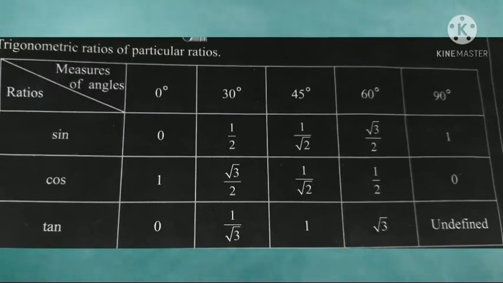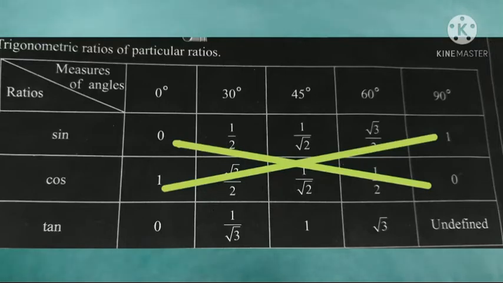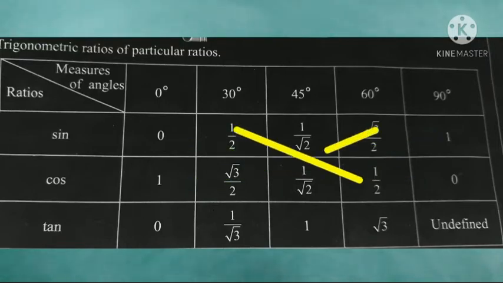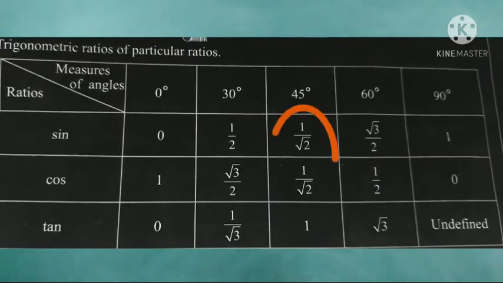If you see here, sin 0 and cos 90 values are the same, sin 90 and cos 0 values are the same, sin 30 and cos 60 values are the same, sin 60 and cos 30 values are the same, sin 45 and cos 45 values are the same.